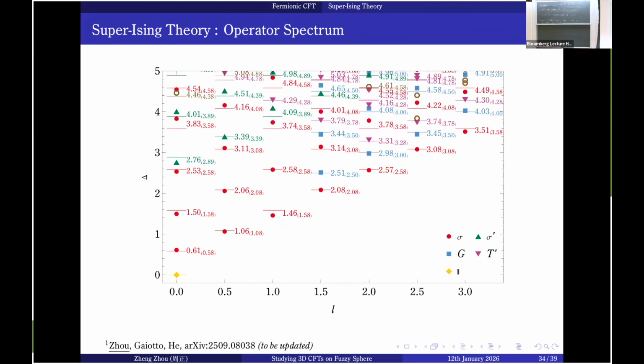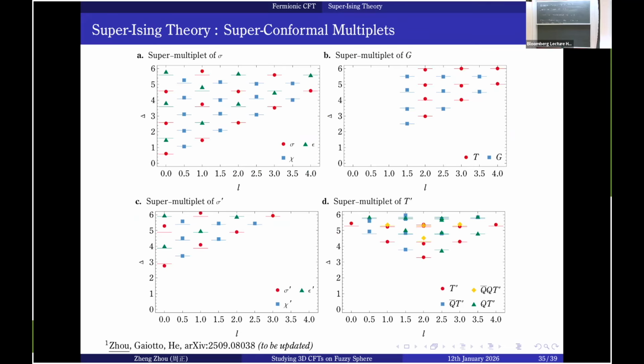In this way, we have realized the super-Ising theory, and we can see that the operator spectrum has exact correspondence with the super-Ising theory, and for the lowest-lying states, we can find that they form the super-conformal multiplets with half-integer spacings. Is the supersymmetry something that exists in the continuum limit, or is there a remnant in your theory? No, the supersymmetry is not manifest. It is emergent.